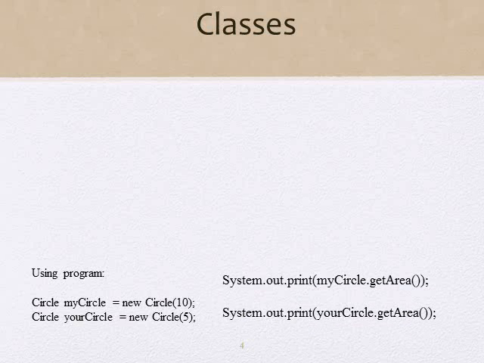Now, once we've constructed our objects, we can use them. In this case, we're using the System.out to report the area of myCircle and yourCircle. And note that familiar dot notation that we've used in the past.